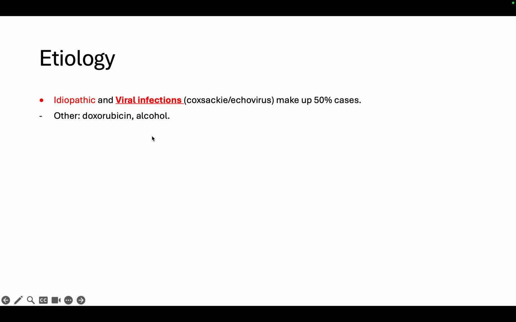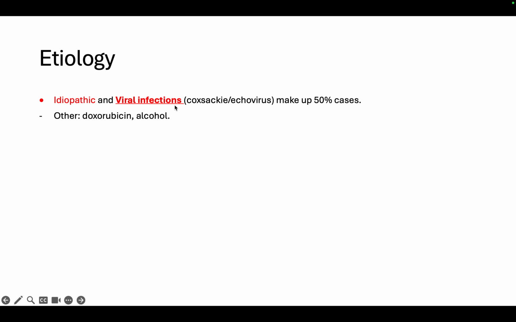One of the more high yield things about dilated cardiomyopathy is actually the etiology, the cause. So for the most part, it's idiopathic. It just happens. However, in a vignette, they're going to have to give you a reason, right? They can't just say, this person came in with shortness of breath. What is it?